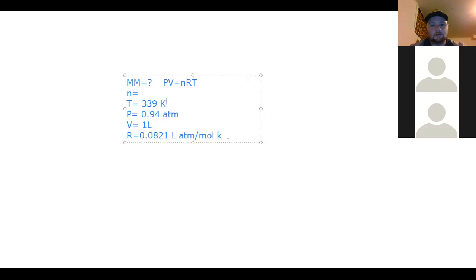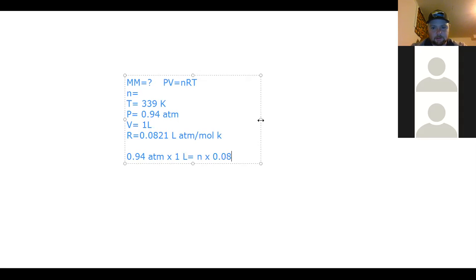All right. So let's set this up. PV. So we're going to have 0.94 atm times the volume, which is 1 liter. Okay, it's going to be equal to n, which we are solving for, times 0.0821.